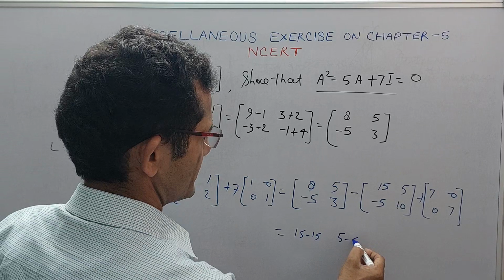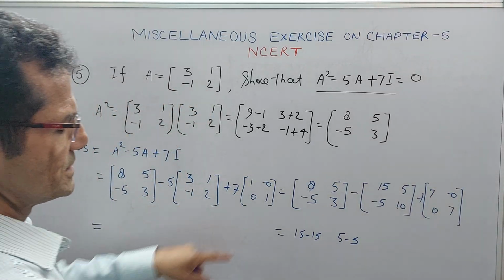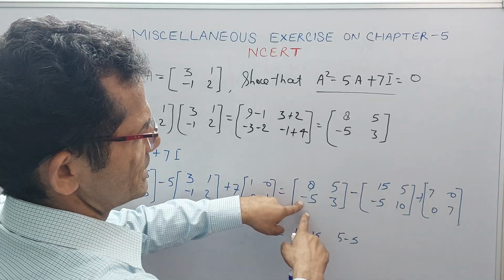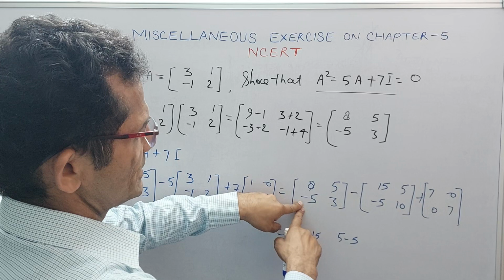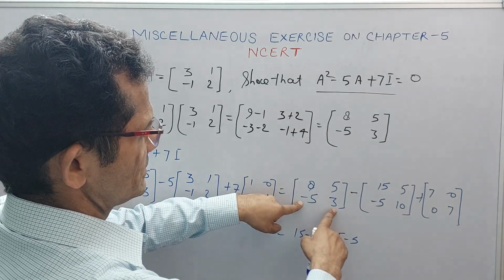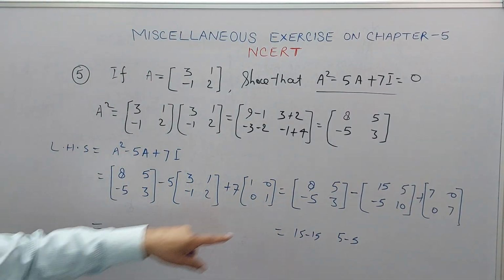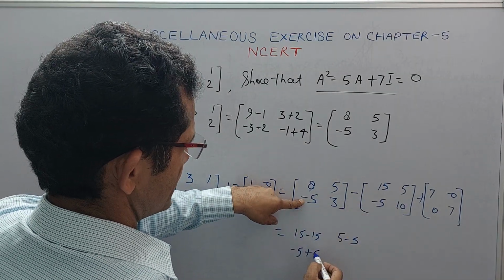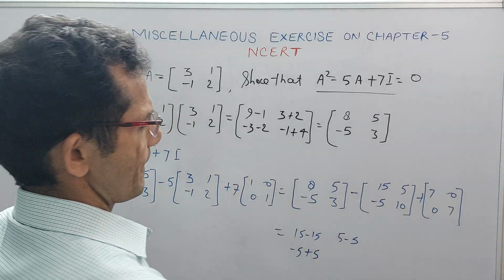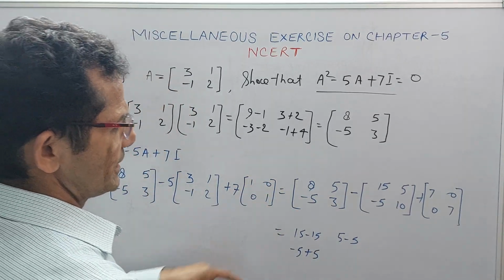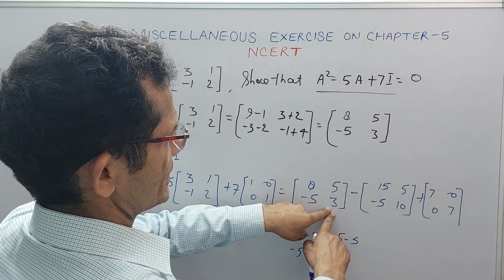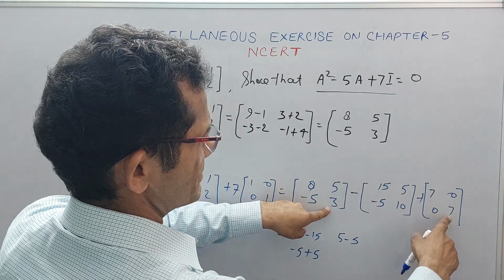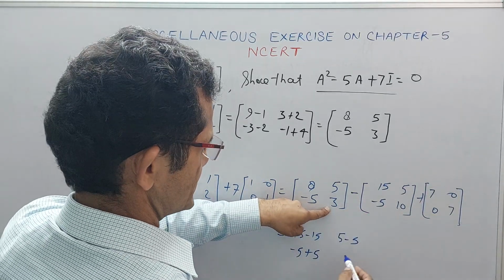Third entry of the second row first column, minus 5, and next one 3 minus 10 plus 7 plus 10 and minus 10.